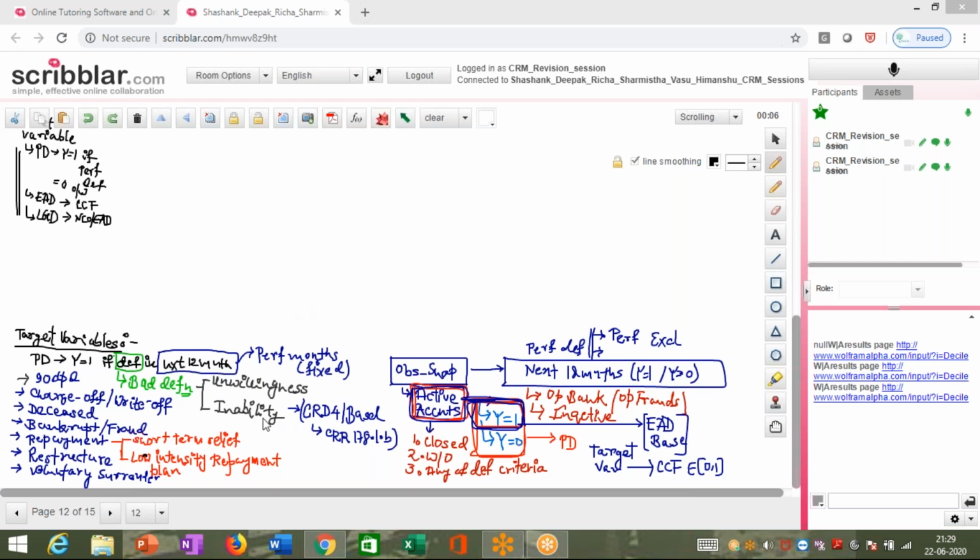So first of all, the basic point from where we start our discussion is: what exactly is the EAD? The EAD is nothing but the exposure at default. This is the total amount to which the bank is exposed at the time of default.